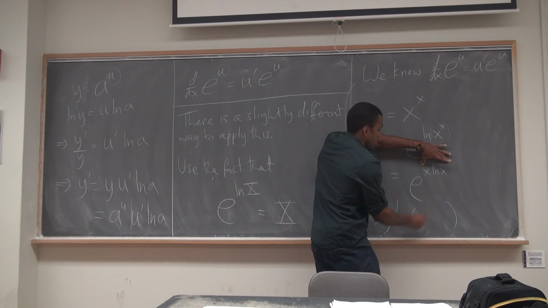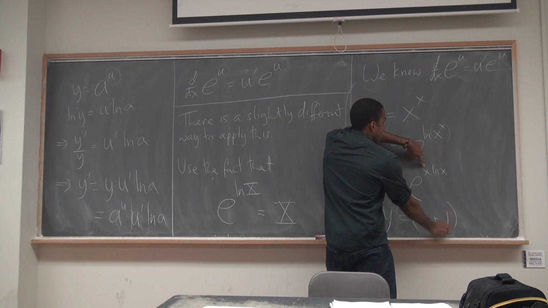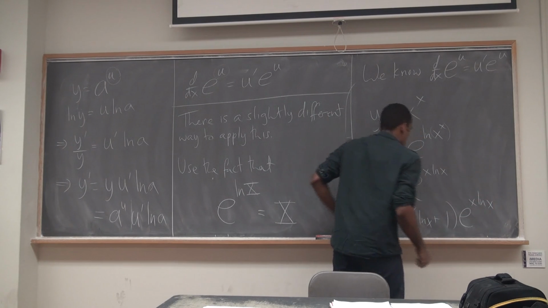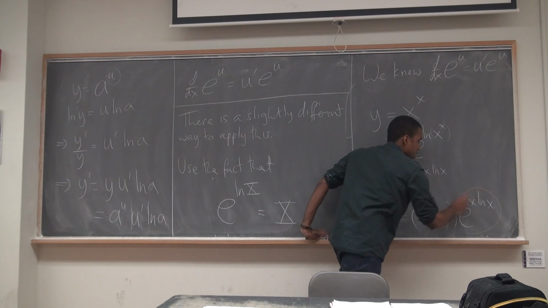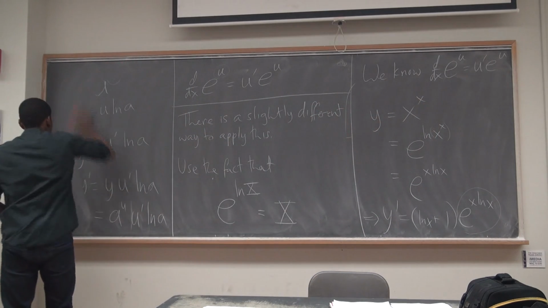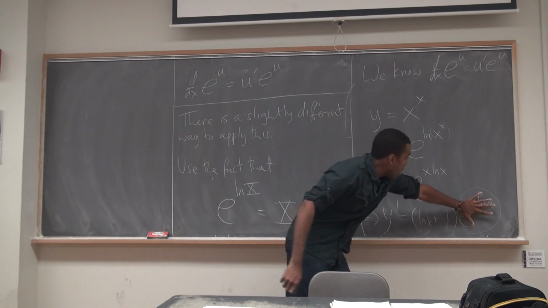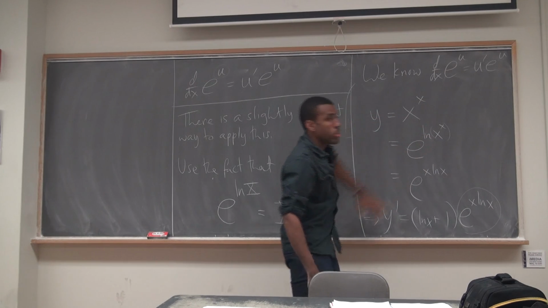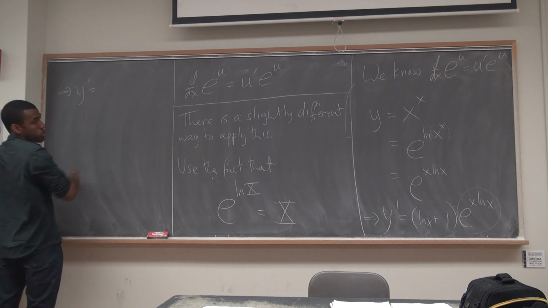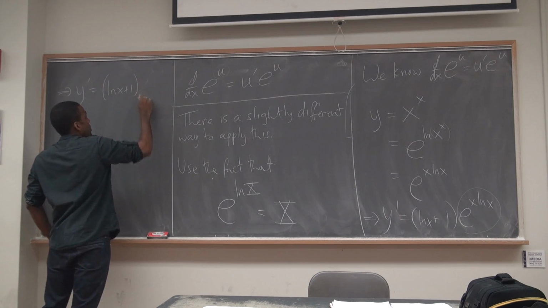So I differentiate x, leave this, plus, I leave x, differentiate this, so I get 1 over x, I get that plus 1, times the original. Well, what is e to this? That was just the first guy. So, again, you get y prime equals ln x plus 1 times x to the x.